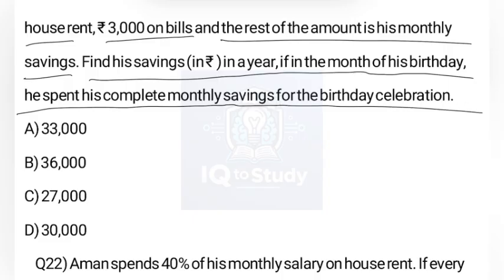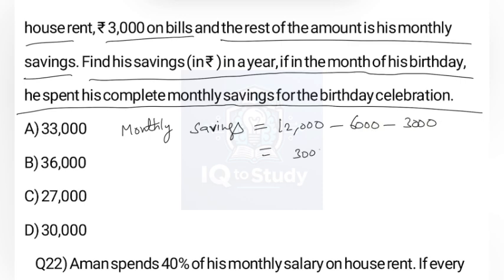So monthly savings is equal to 12,000 minus 6,000 minus 3,000, which is equal to 3,000, and yearly savings is 3,000 into 11, because 1 month is already spent. That is equal to 33,000 rupees.